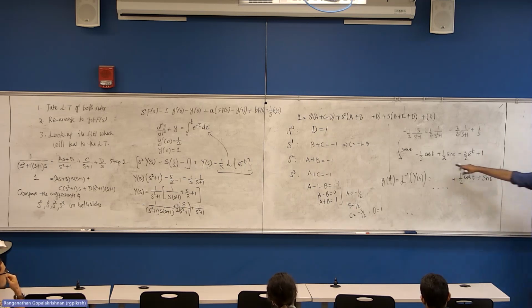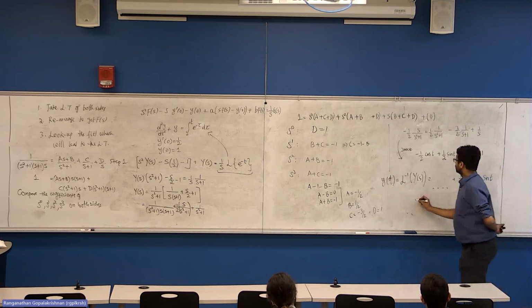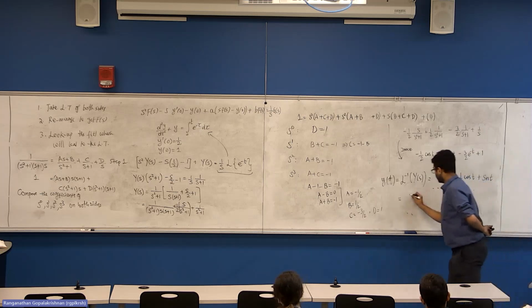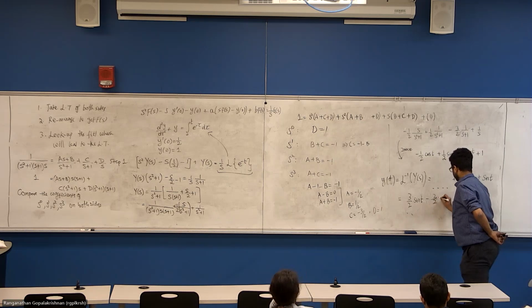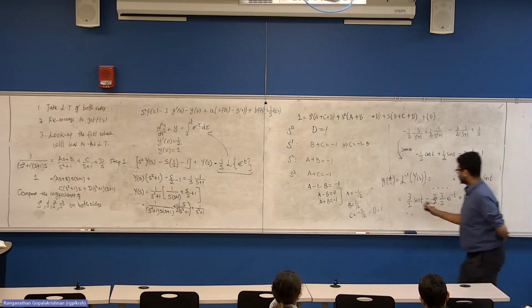So I have a minus half plus half, I have a plus sin t. So my solution finally is minus half goes away, 3 by 2 sin t minus 3 by 2 e power minus t plus 1. So this is the final solution.